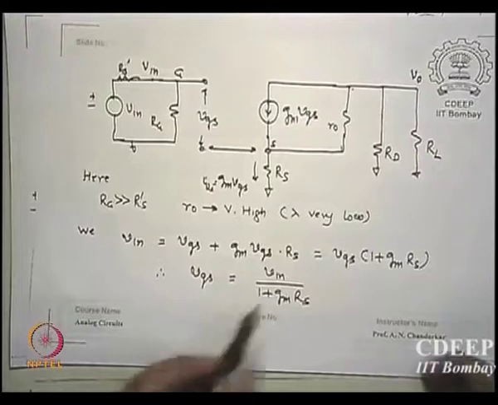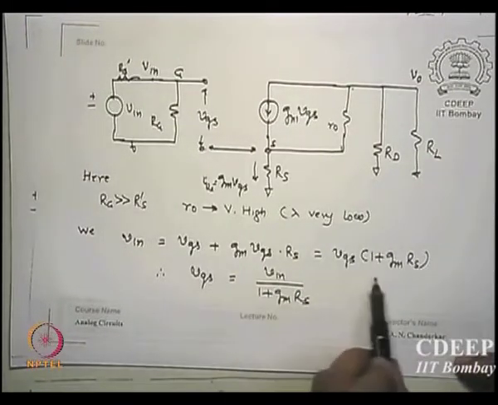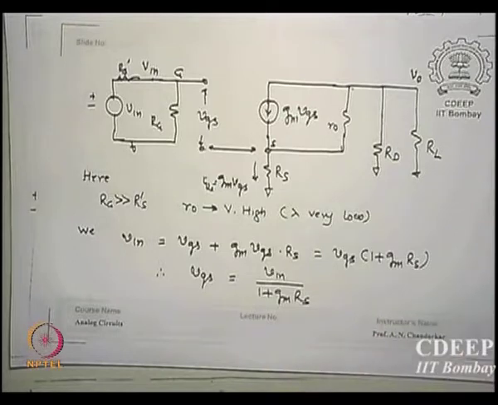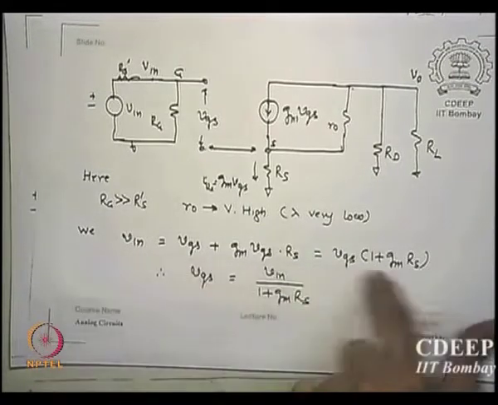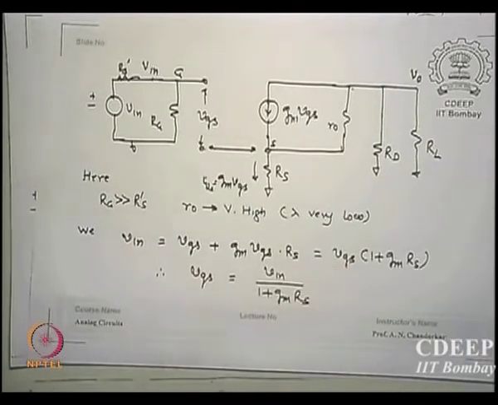So gm VGS times RS plus VGS is equal to VGS times (1 plus gm RS). So how much is VGS now? VGS is Vin upon (1 plus gm RS). Just solve this equation. Is that correct?